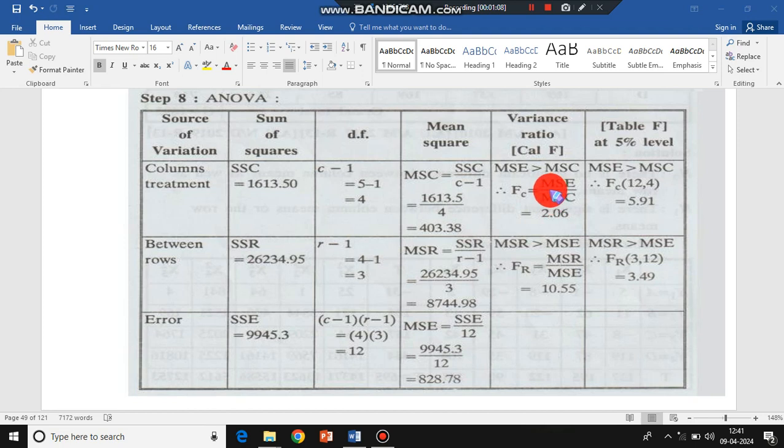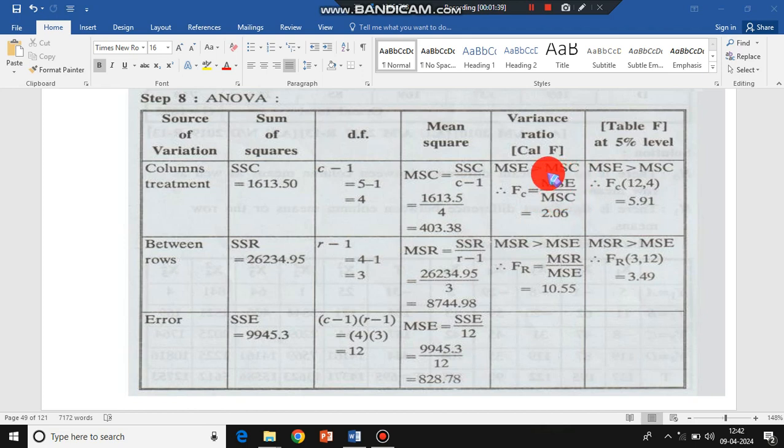MSE means mean square error, and MSC means mean square column wise. So we have mean square error in the numerator and mean square column wise in the denominator.